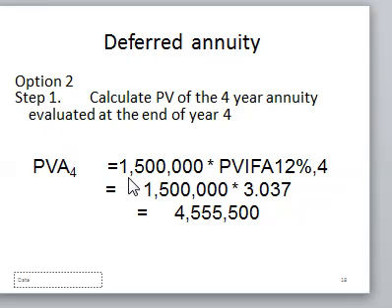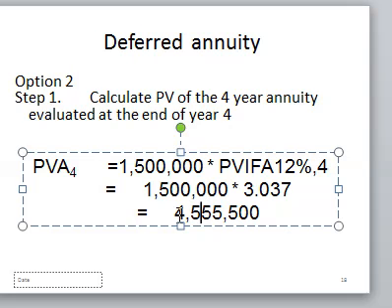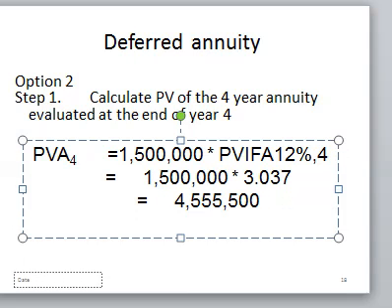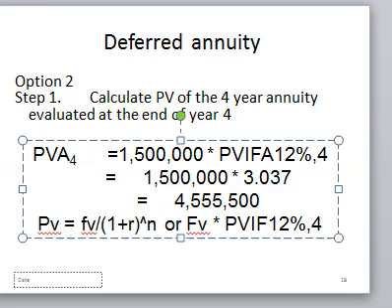Option 2 is to get the annuity for 4 years. Then after getting the annuity for 4 years, you discount it backward for 4 years. So I did not do it, but you can. As I said, you have got the annuity for a period of 4 years.